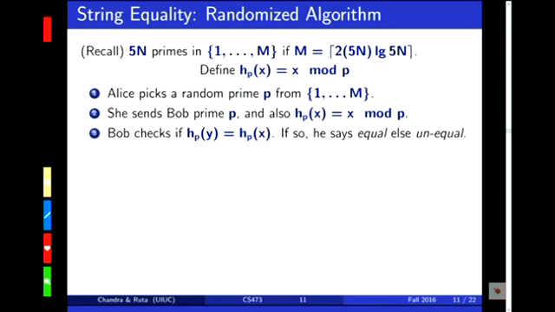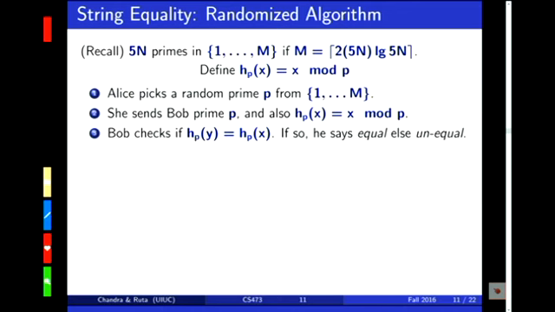She's sending two numbers, p and hp of x. That's log m bits each, so 2 log m bits, because both p and hp of x are at most p, and p is at most m.